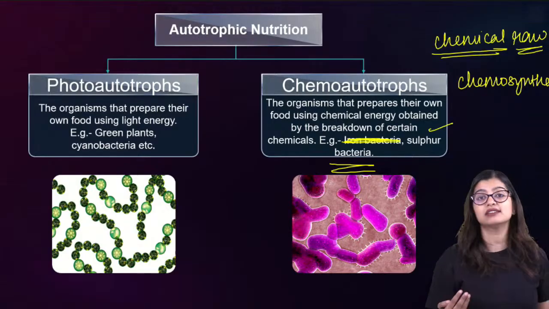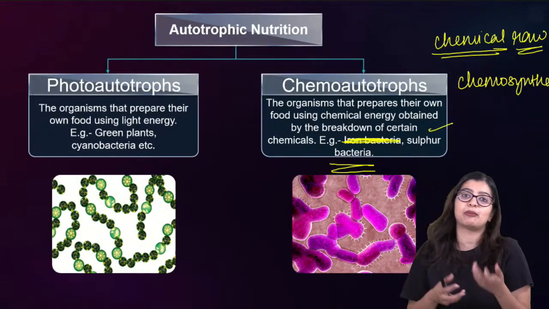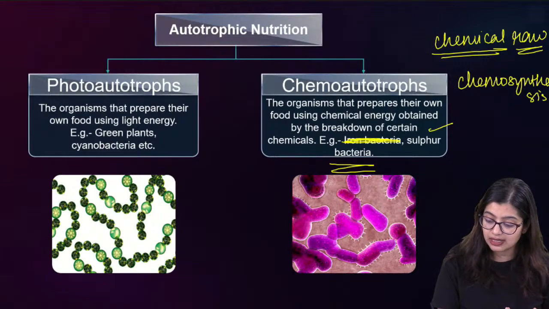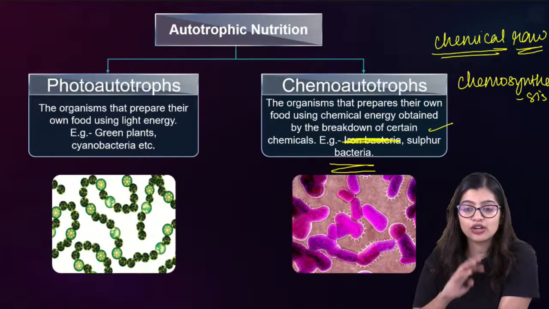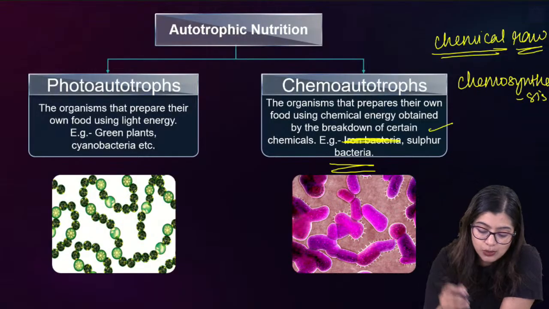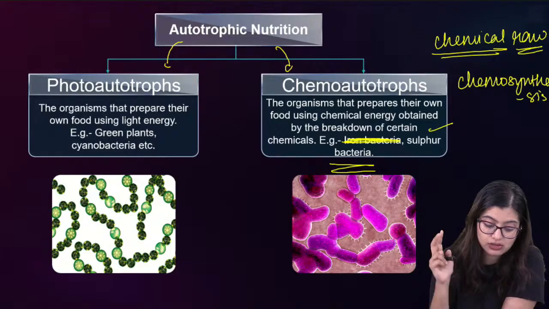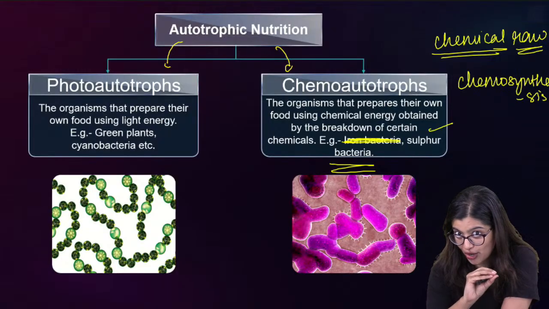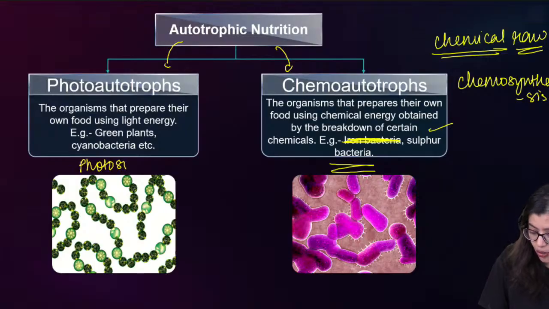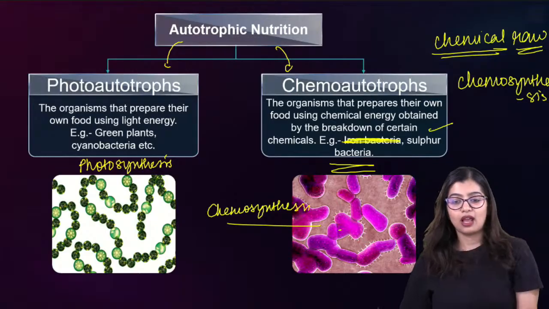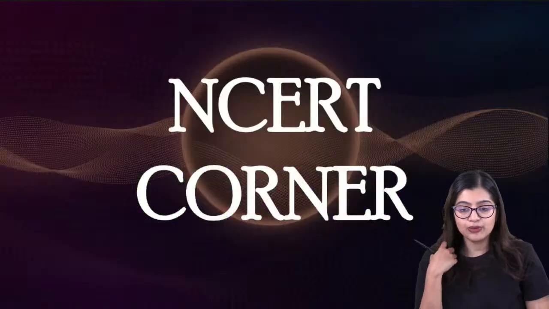So photosynthesis is one type in which they prepare their own food. But chemosynthesis is another type where chemicals are used as raw materials, not just light, right? So this way we see that the autotrophic mode of nutrition has two kinds. We have photoautotrophs and chemoautotrophs. Or I can say we have photosynthesis and we have chemosynthesis. Yes? Okay. Are we clear, all of you?